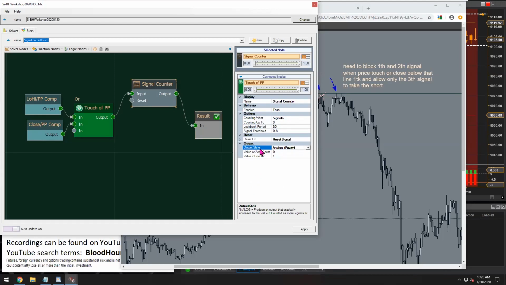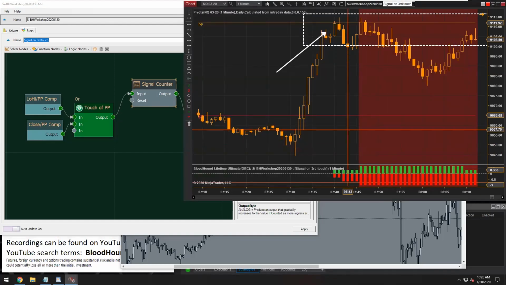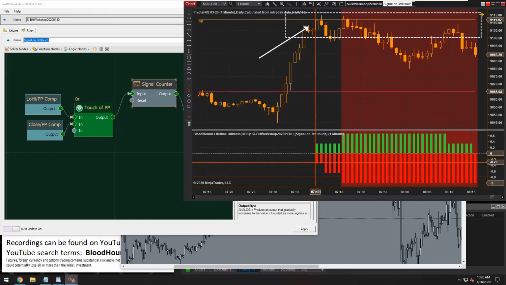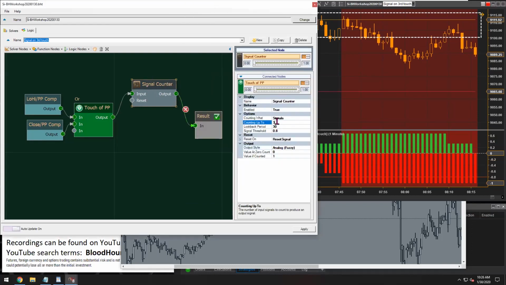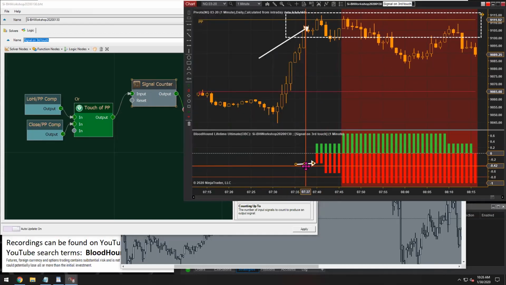Let's see the output here. If we look at the analog output, we can see on the first touch, since we're counting 3 touches, every time we get a touch the output is going to equal a third. If you look at my cross here, that's 0.33, a third.